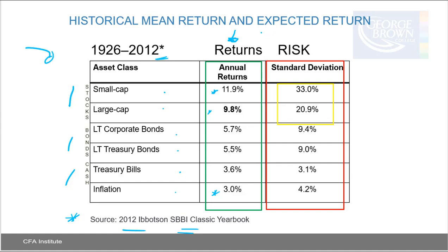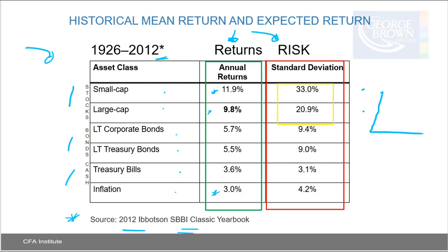But as we said, returns are only half the information. We need to look at the risk. So if you look here, the risk, measured by standard deviation, the higher the return, the higher the risk. The standard deviation for small cap returns was 33%, for large cap returns 20.9%, and then the bonds, lower return, lower risk.